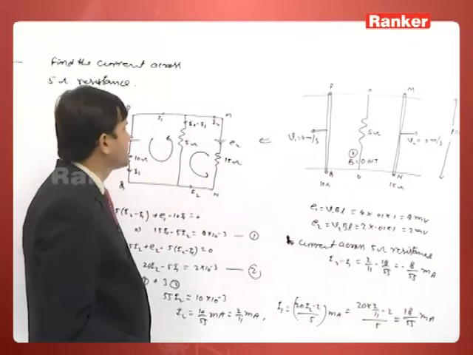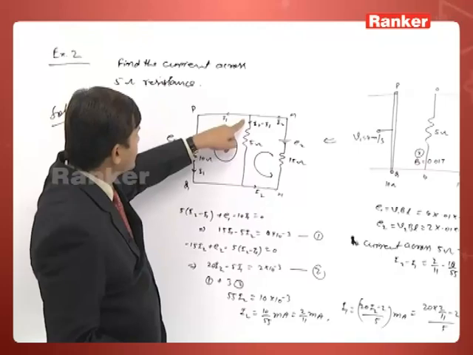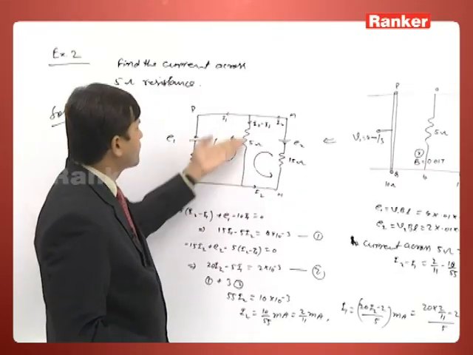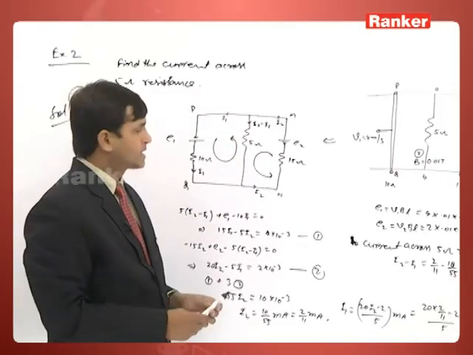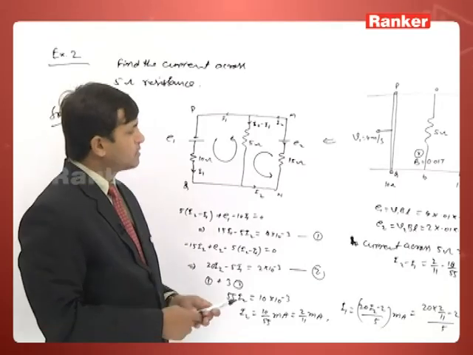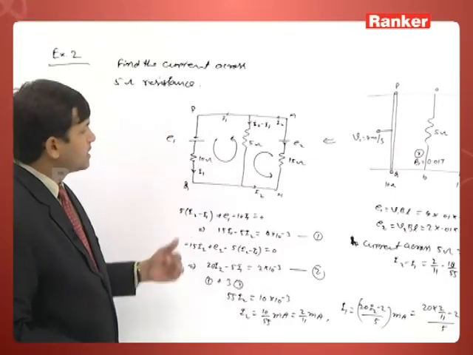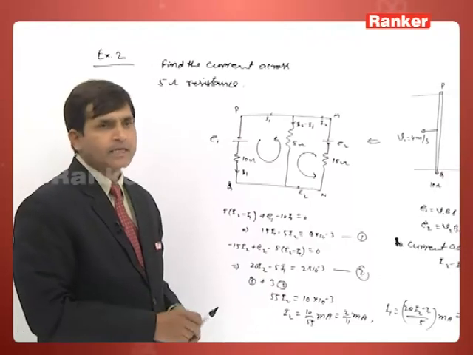The minus sign indicates that the current flows in the opposite direction, the current will flow in the upward direction. So this is one example based on the mechanism of current.